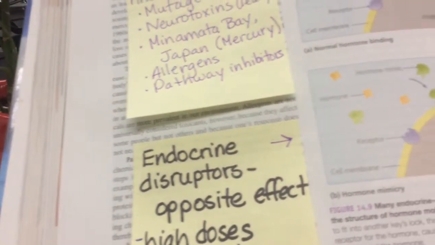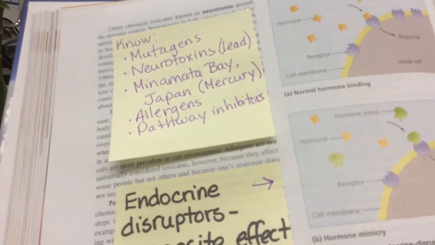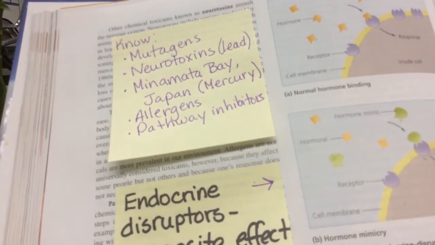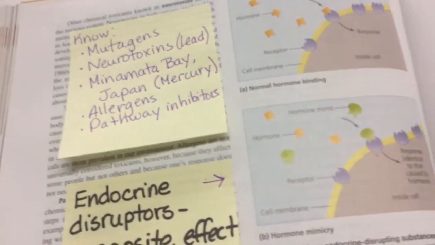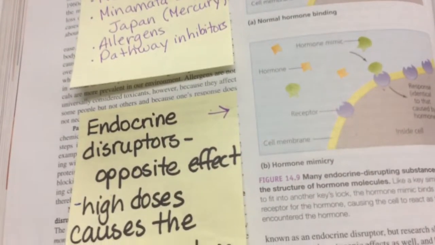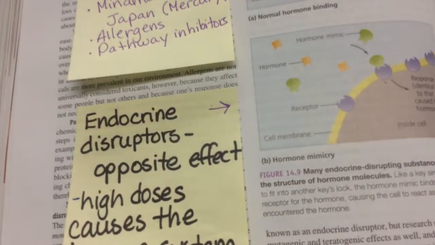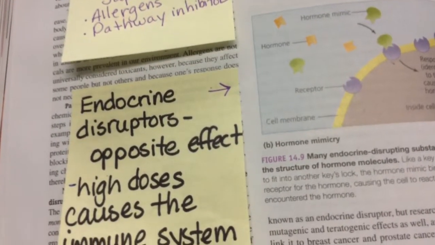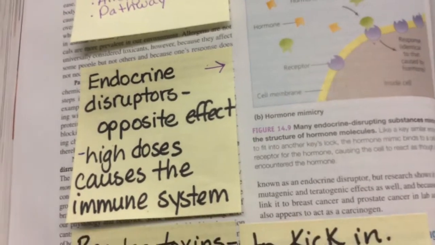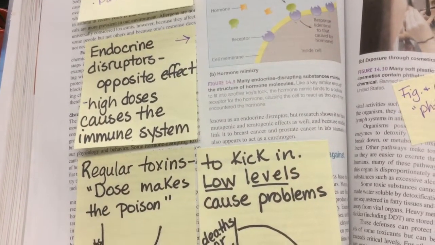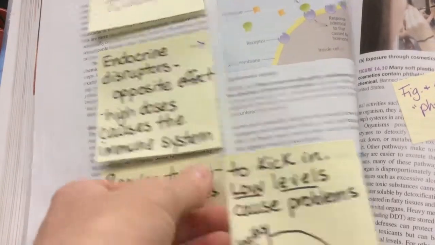Okay, so most toxins, higher dose means higher death. But we have the opposite going on with endocrine disruptors. So an endocrine disruptor, and we see the picture here of what an endocrine disruptor is, it has the opposite effect. So higher doses cause the immune system to kick in.